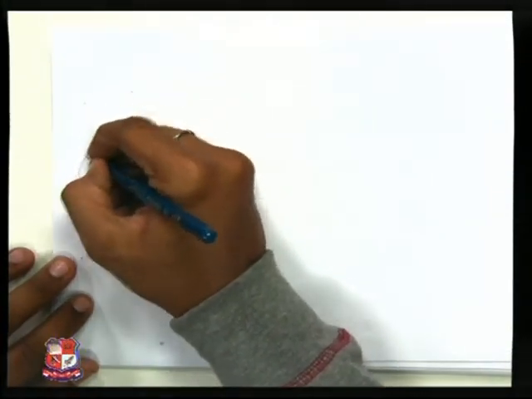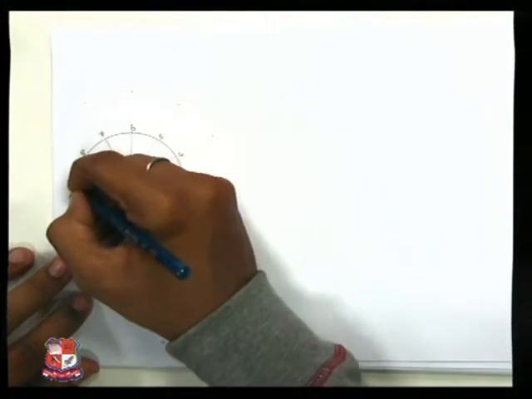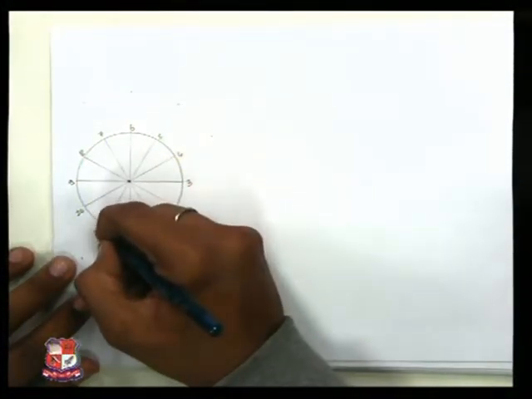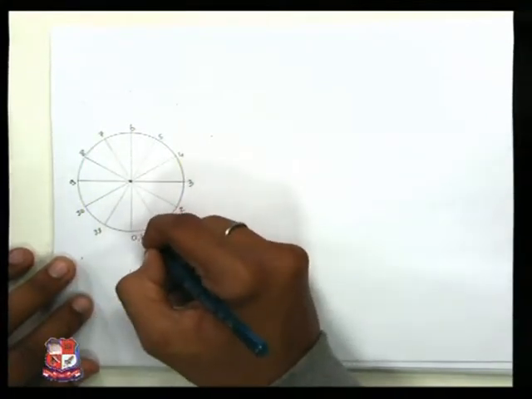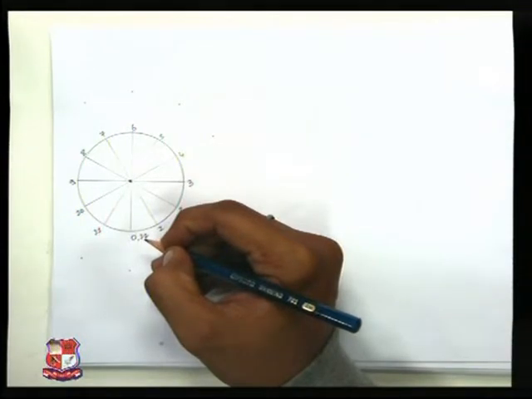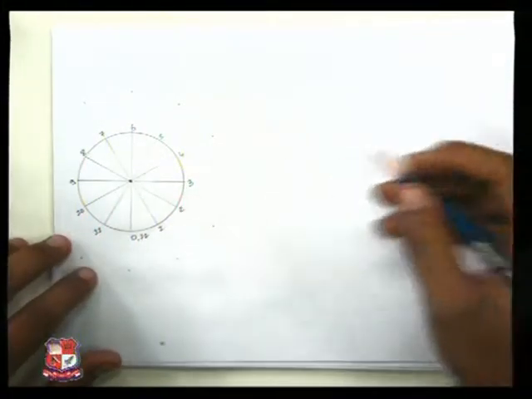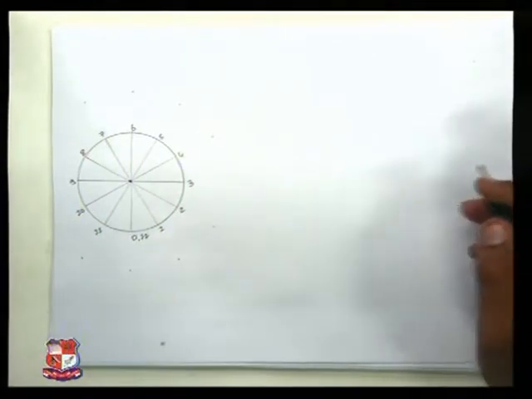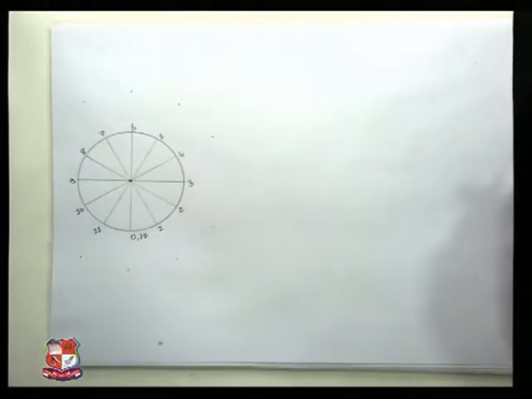Give the nomenclature 1 to 12, 11 and 0 to 12. We have given the nomenclature.